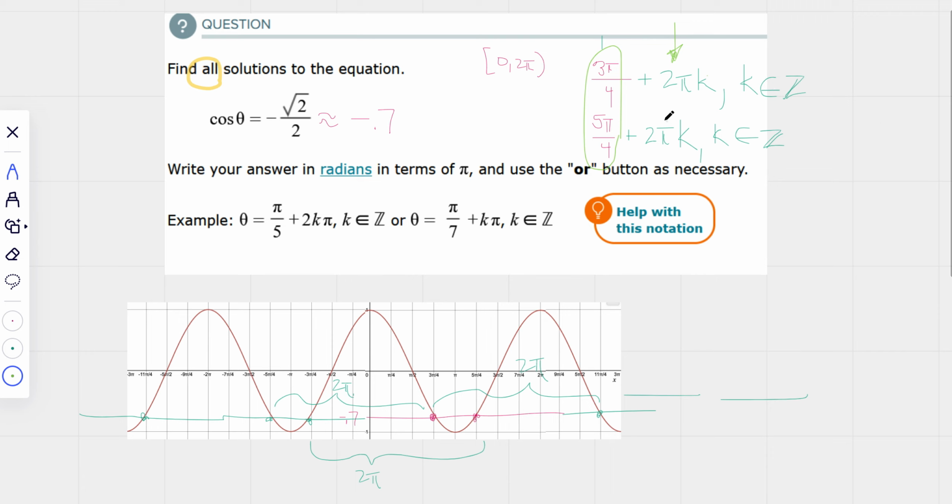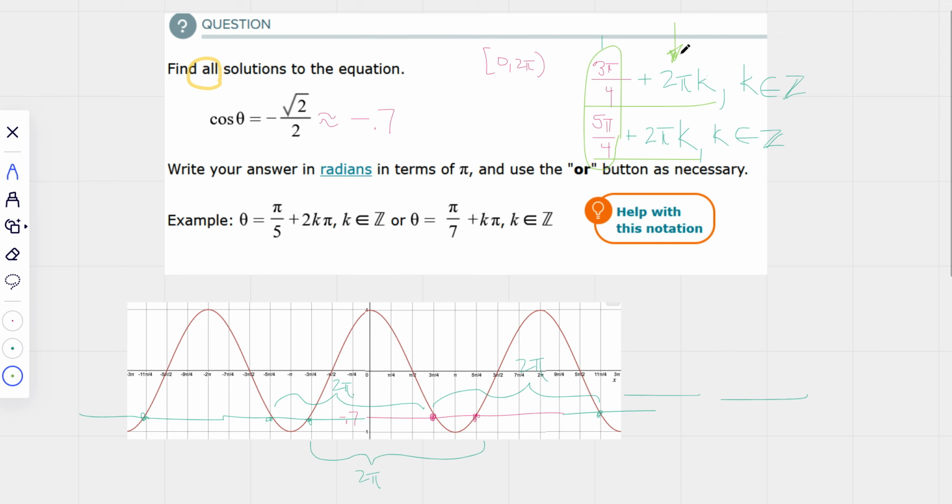When you write it this way, it's going to encompass all the solutions for that equation. There are usually 2 solutions on the unit circle for one of these equations, but sometimes only one if you're on an axis. Sometimes none if you end up with something greater than 1 or less than negative 1, because remember the cosine function has a max of 1 and a min of negative 1.